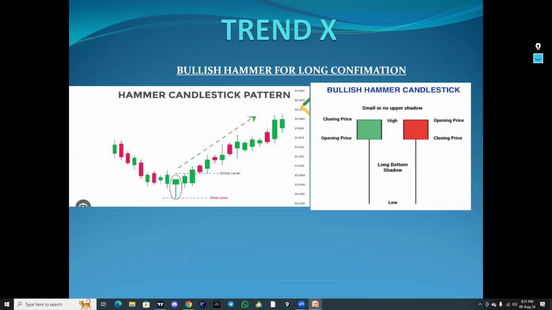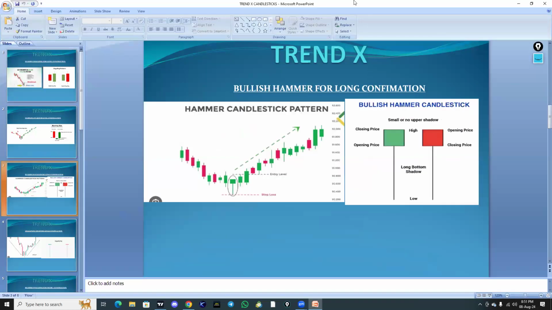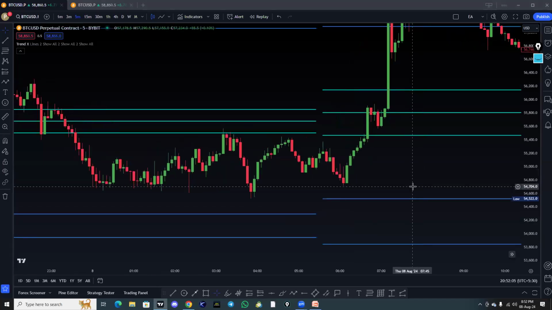So now we'll go for short positions. Before that, I'll try to show you on the chart.